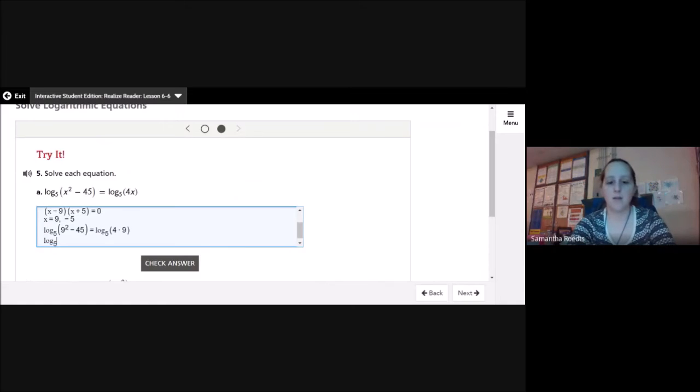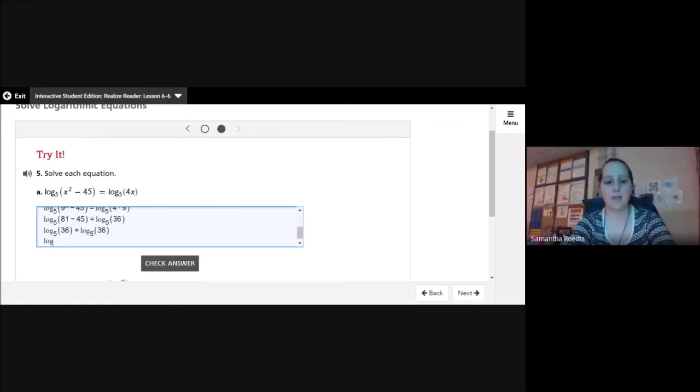Log base 5 of 81 minus 45, 36. So log base 5 of 36 does equal log base 5 of 36. Okay, that one works. 9 works. I have to check my other one.